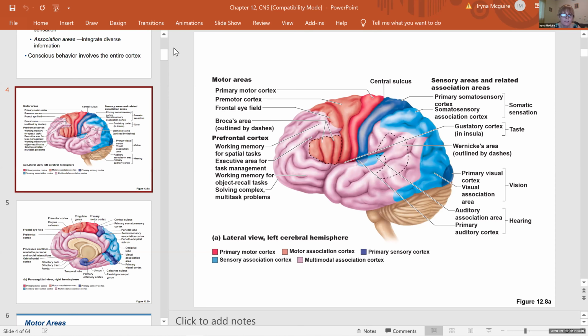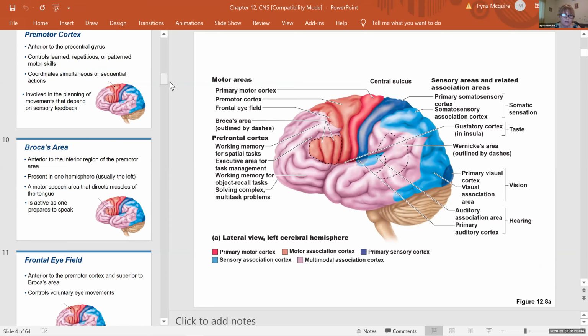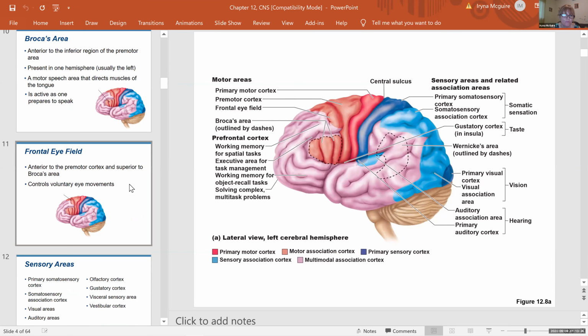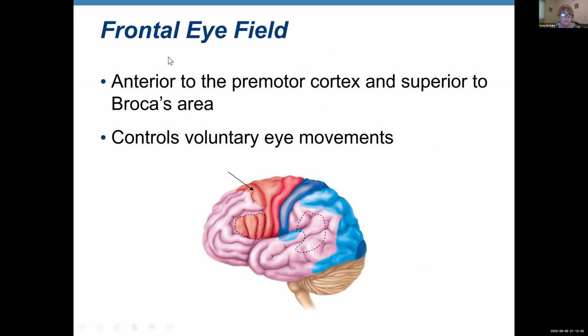Now, one more that we need to discuss in this motor association area is the frontal eye field. So it's located right here, and it's anterior to the premotor cortex and superior to Broca's area. And this one controls voluntary eye movements, right?